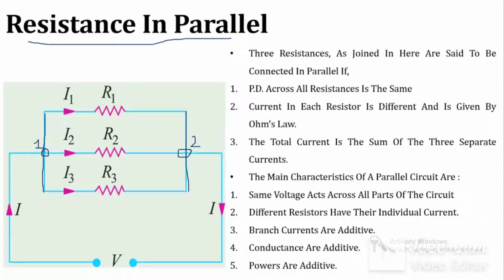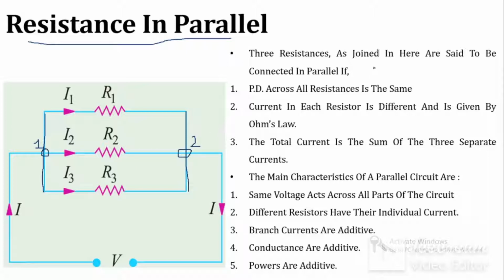That means the starting point of all the resistances is the same, that is 1, and the ending point of all the resistances is again the same, that is 2. So the parallel connection can be identified this way: if the starting point and ending point of all the elements is the same, then those elements are said to be connected in parallel.